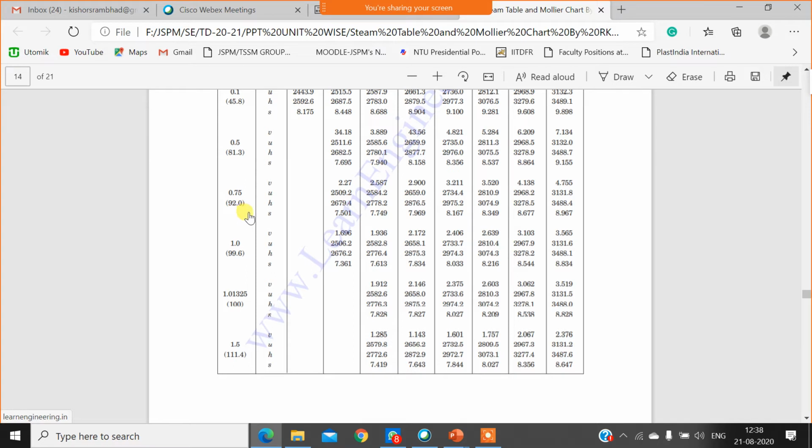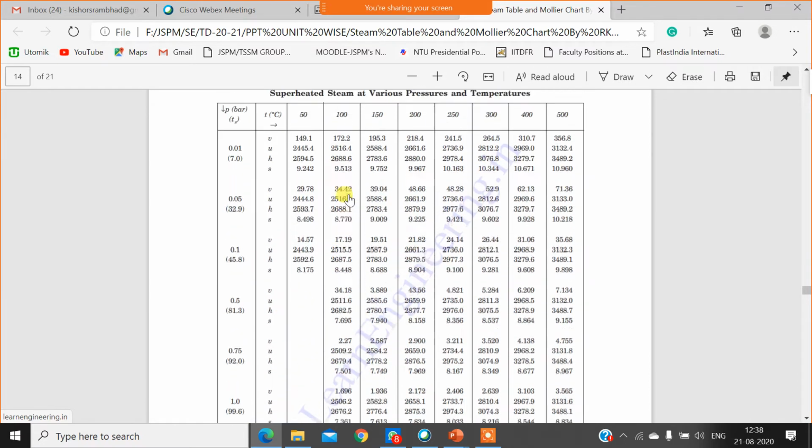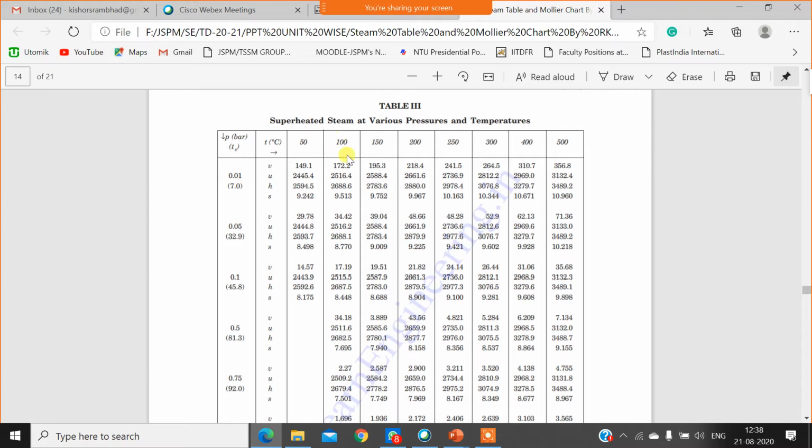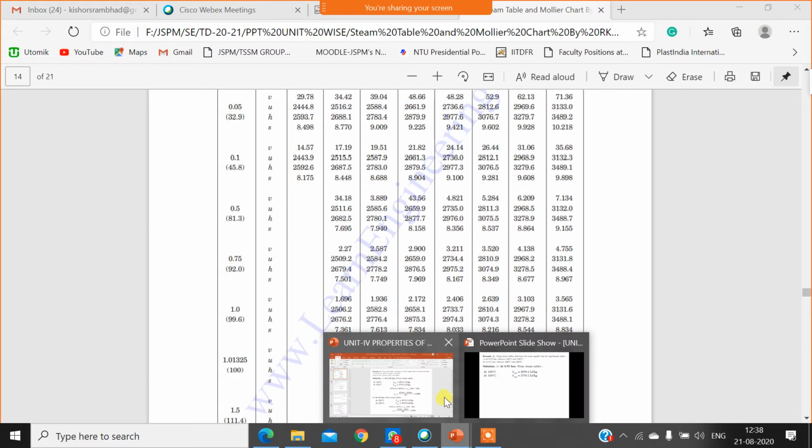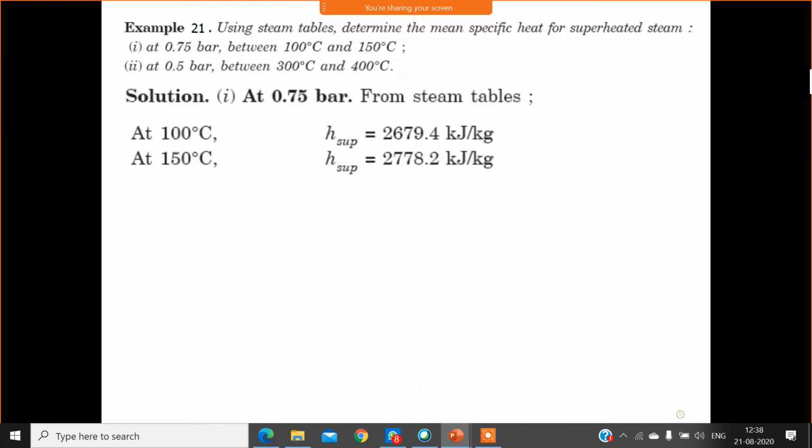It means at 100 degrees Celsius and 150 degrees Celsius, it is superheated. This is 100 degrees Celsius in the second column, and this is 150 degrees Celsius. For 100 degrees Celsius, enthalpy is 2679.4, and for 150 degrees Celsius, 2778.2. These are the values of enthalpy of superheated steam from the steam table.